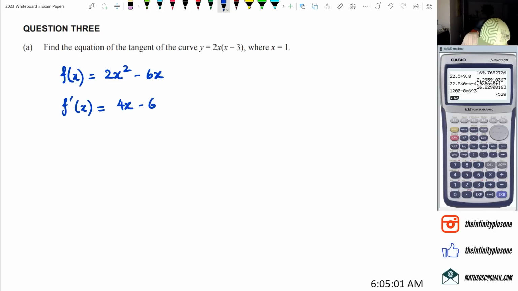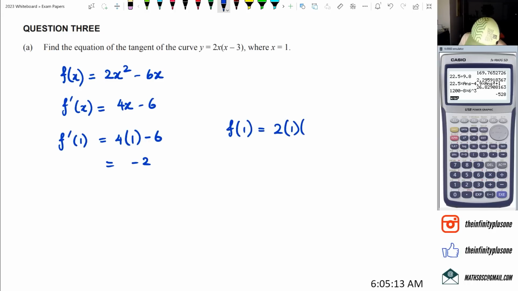I need to figure out what the gradient is. So the gradient at f dash of 1 is 4 times 1 minus 6, which equals -2. I also need the point f of 1, which is equal to 2 times 1 minus 3, so f of 1 is equal to 2 times -2, which equals -4.